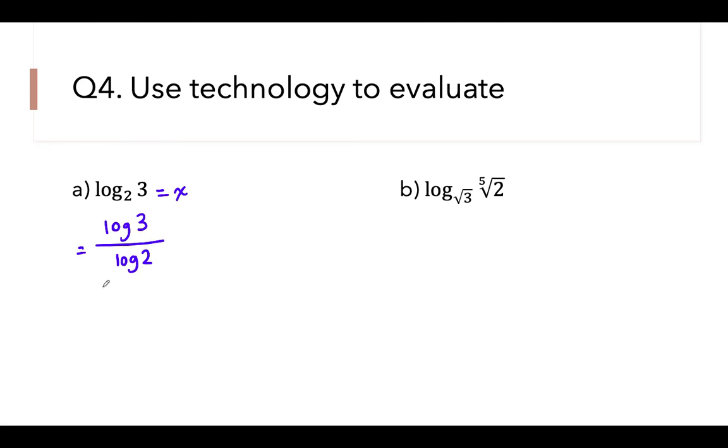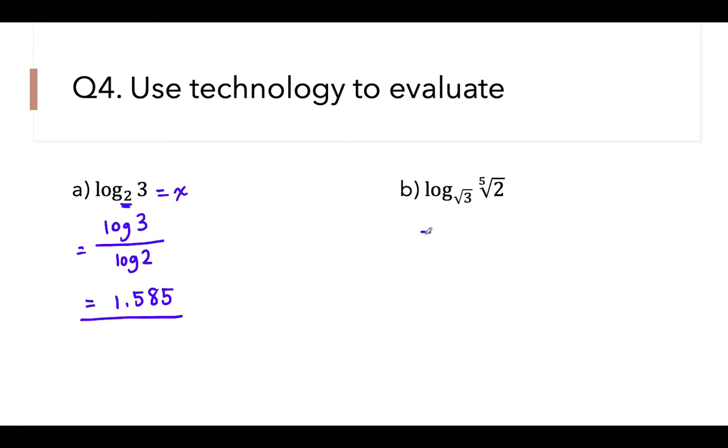You can't simplify it, so I would use a calculator. If you can change the base on a calculator, you can do it right away. But if not, you're going to press log 3 divided by log 2, and you will get 1.585. And we just evaluated.